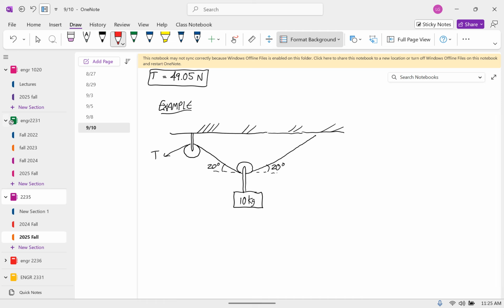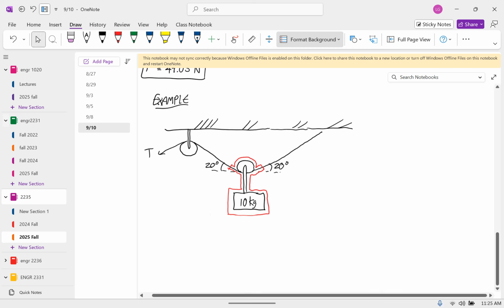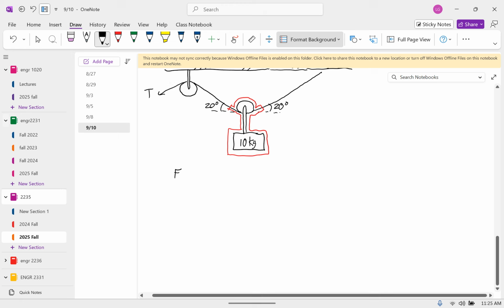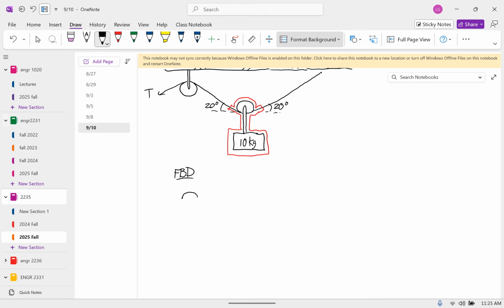So I'm going to choose my free body the same way. So the free body diagram looks like this.